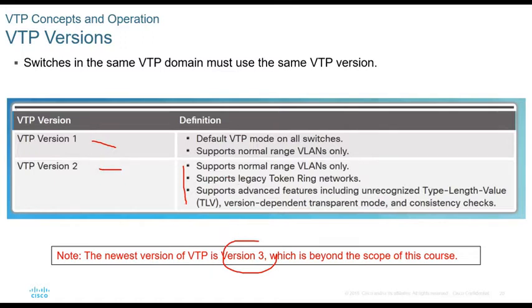Both of them support normal range VLANs only, the standard normal range VLANs. To switch versions, we have certain commands to deploy on the switch, but by default, of course, it uses version 1.